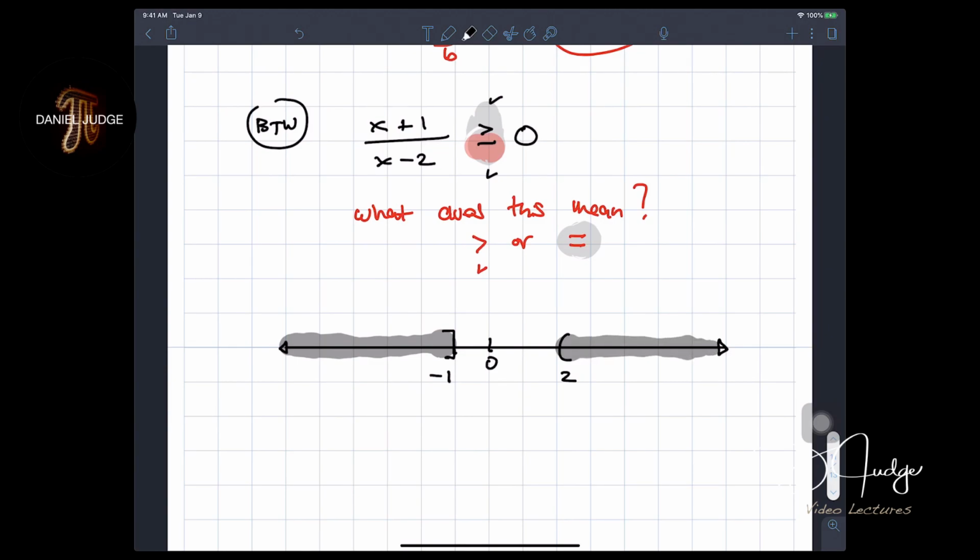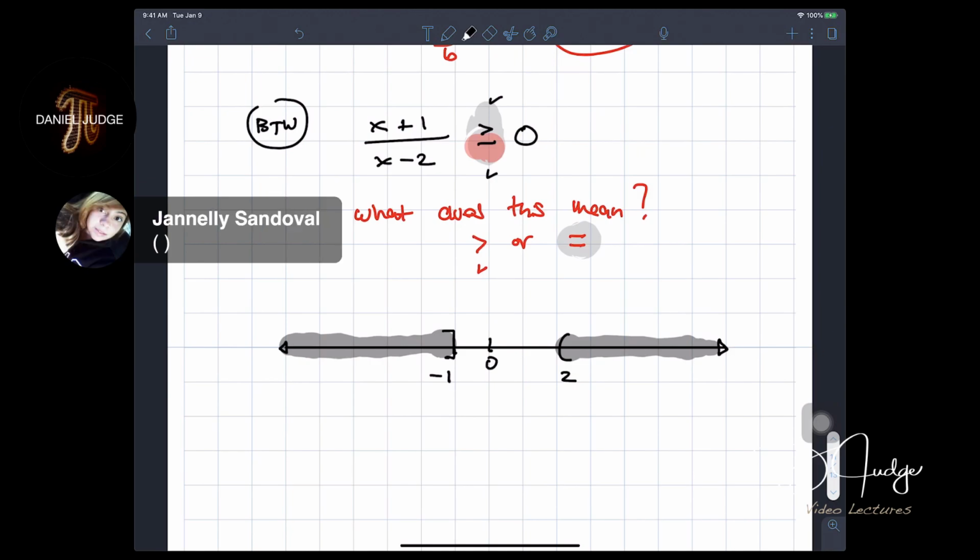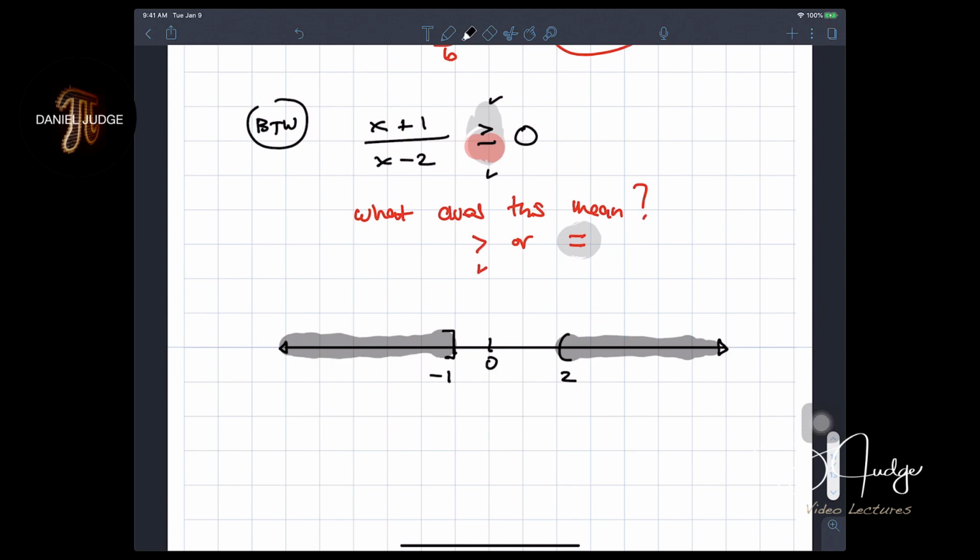That's the difference here. So I wanted to show you guys the difference. Let's double check. Yes. Parentheses. Absolutely. So, ladies and gentlemen, this is your answer when they have, hey, include. But remember, this is why we want to know where it's undefined as well. Good. So let's try another one.